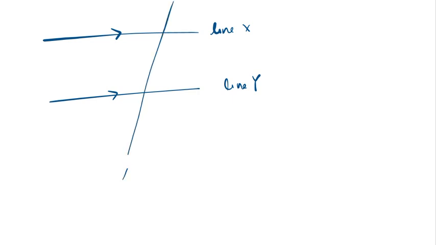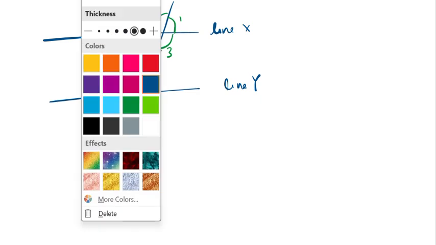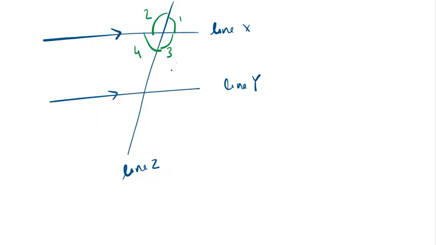I'm taking two parallel lines, line X and line Y, and this is our transversal line, line Z. We know there are 8 angles: angle 1, angle 2, angle 3 and angle 4, angle 5, angle 6, angle 7 and angle 8.